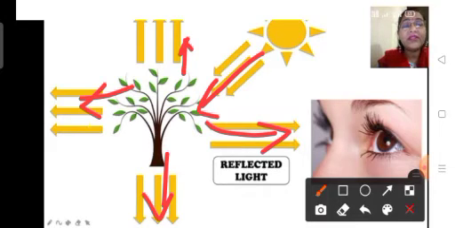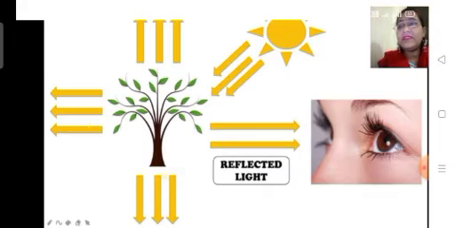So children, when this reflected light falls on our eyes, we can see this tree. When the light rays from the sun fall on the tree, the tree reflects the light in all directions, and when this reflected light falls on our eyes, only then can we see this tree.